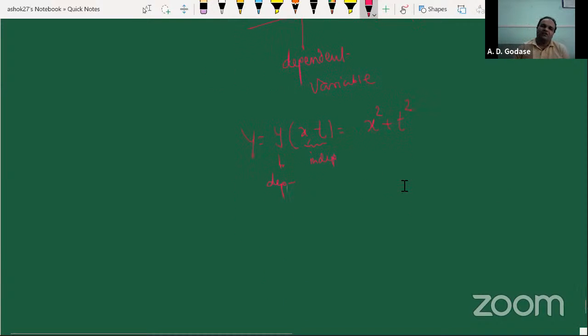In that case, you first differentiate with respect to the first independent variable x, and then with respect to the second independent variable t.